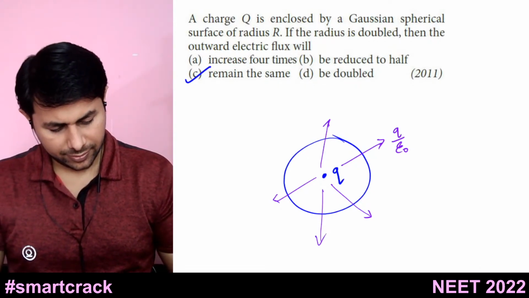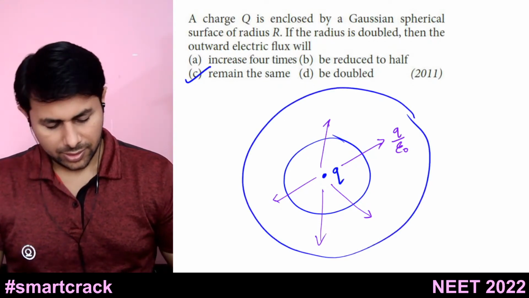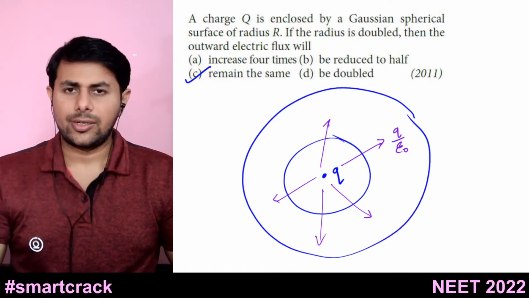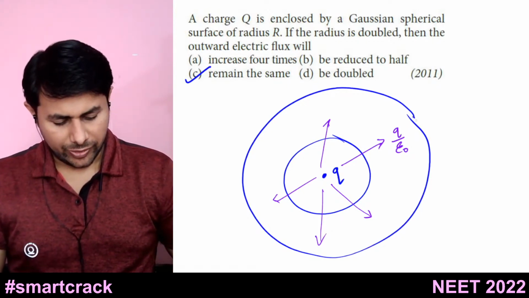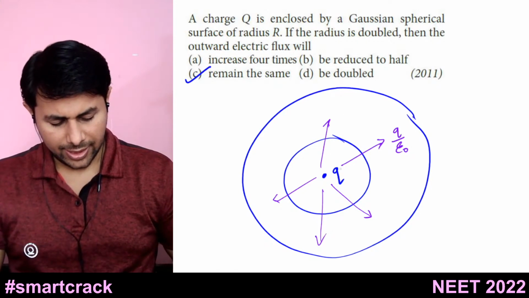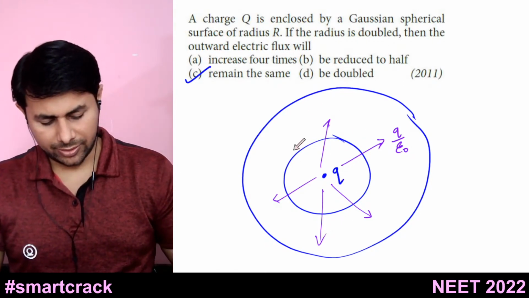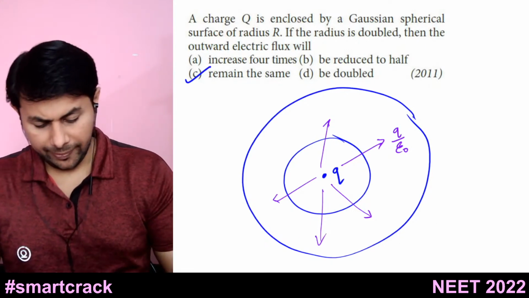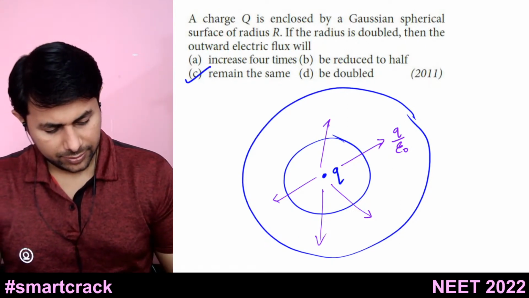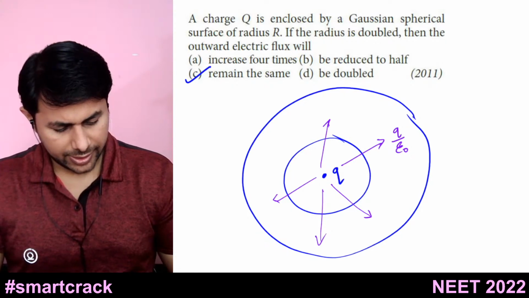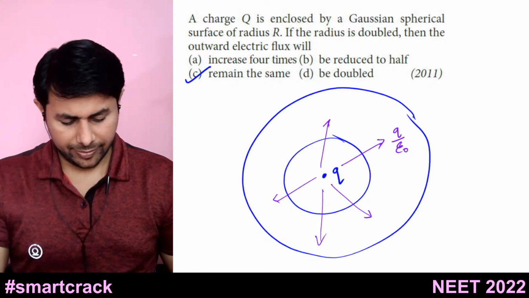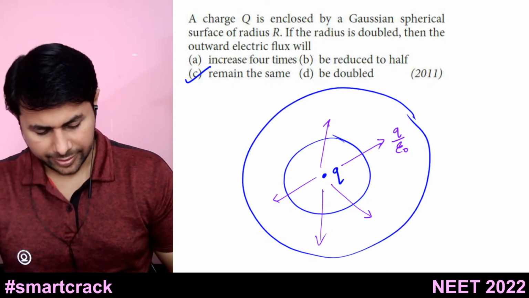Then you double the radius. Again, what will happen? All these electric field lines which passed through this sphere, they will pass through this sphere now. Yes. So flux will remain same, and that's the answer.